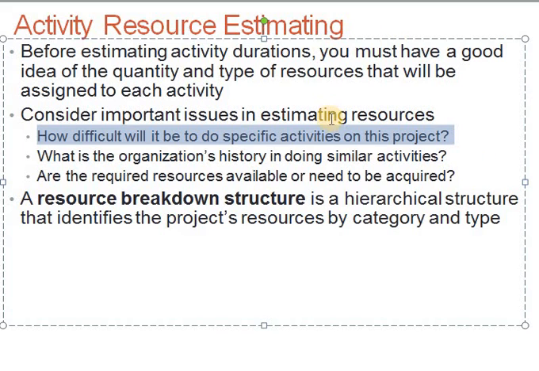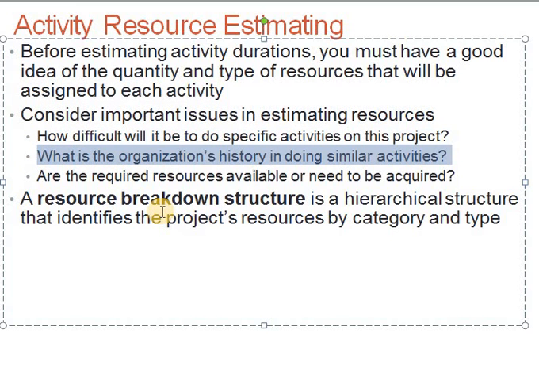So here you have to define the complexity levels for each activity. You will identify such specific complex activities and you have to find the difficulty level of those particular activities.